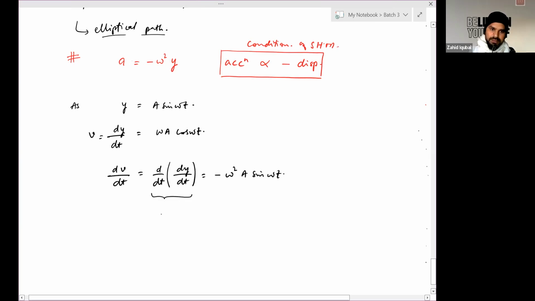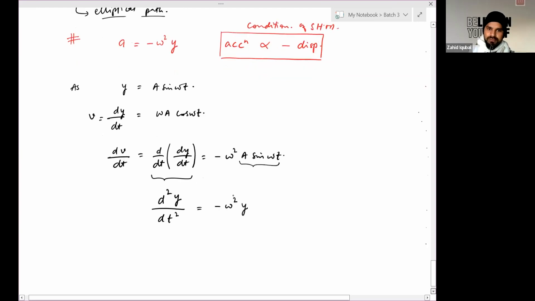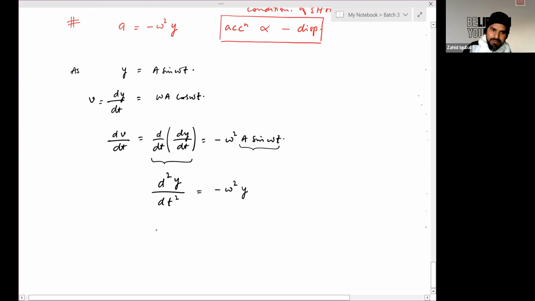This particular part is simply called the second derivative of displacement with respect to time. So it is also called acceleration, which equals minus omega squared, and this part is nothing but displacement. Now move this expression to the left side. So d2y over dt squared plus omega square y equals 0.